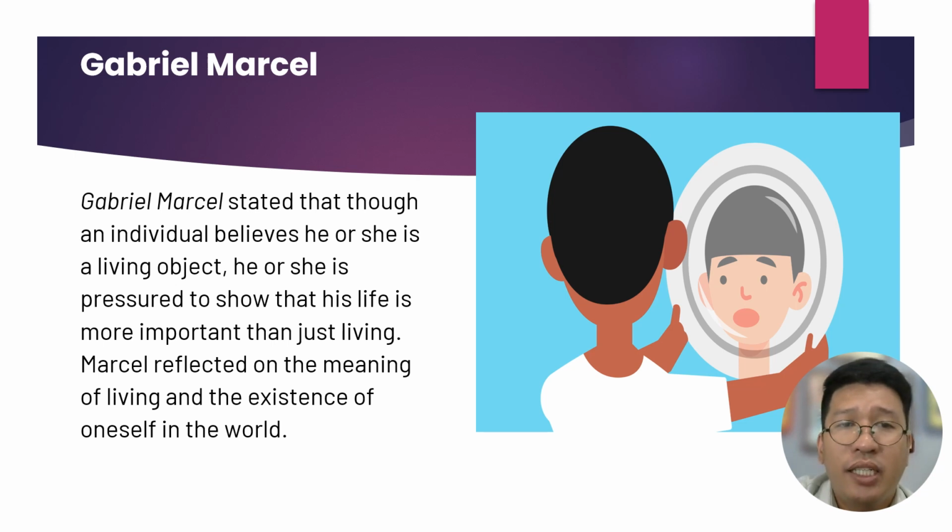He noted that a person believes that the things he or she surrounds himself with make his or her life more significant. The focus is on what he or she can have rather than what he or she is going to be.